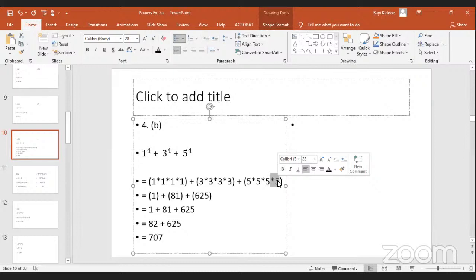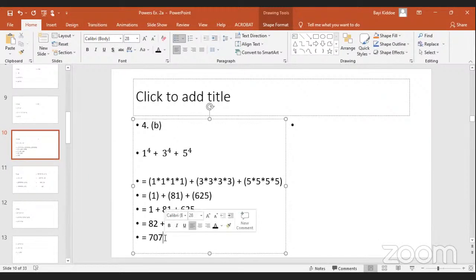And then we add the 82 and the 625 and get 707. All right, good, great. You're following. I'm not going to go over that again. I don't want to confuse you, so we'll leave it there, right?